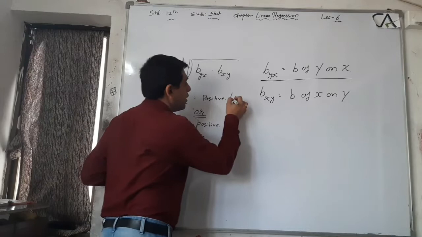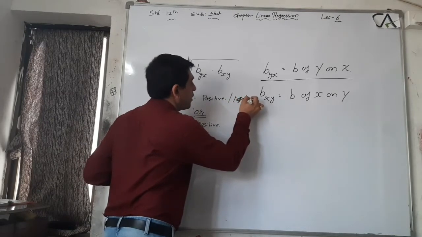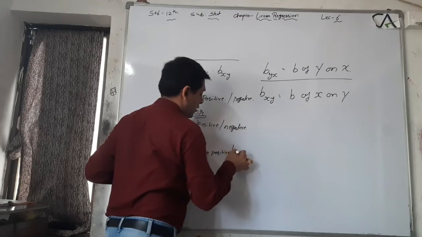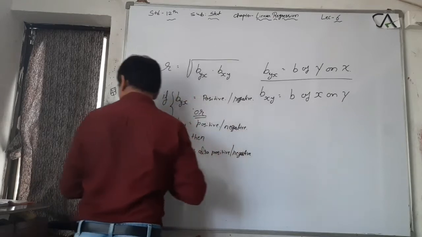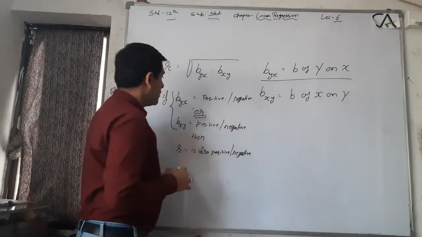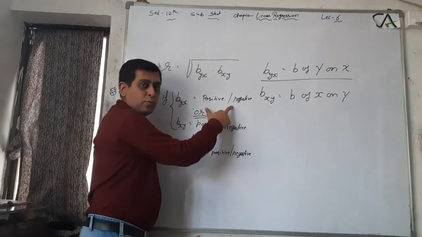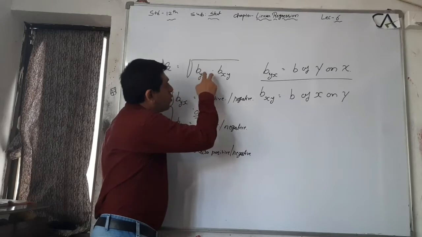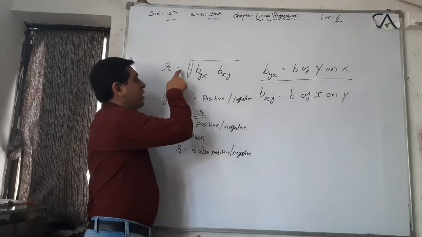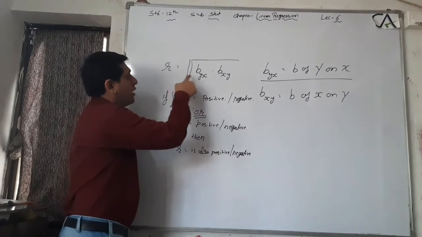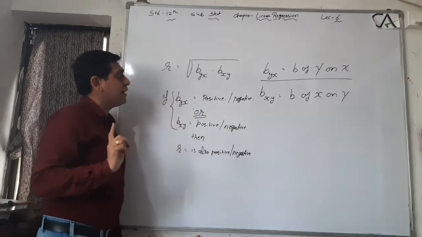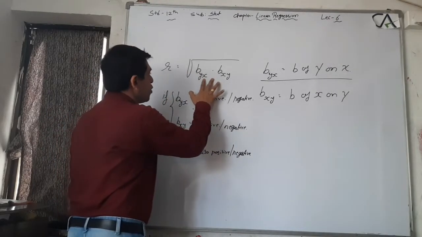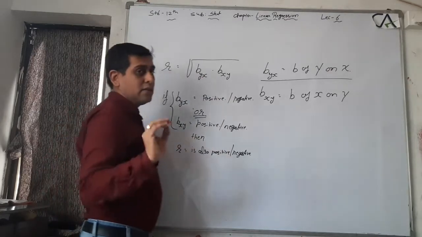If Byx is negative, then Bxy is also negative, and when both are negative, minus minus, the minus is taken common, and the square root, because the square root of a minus is not taken, so minus minus is taken common, and the square root of this multiplication is taken, and R is negative.